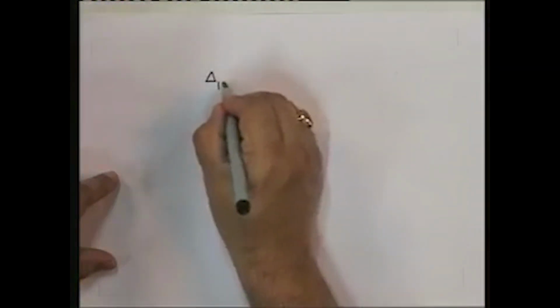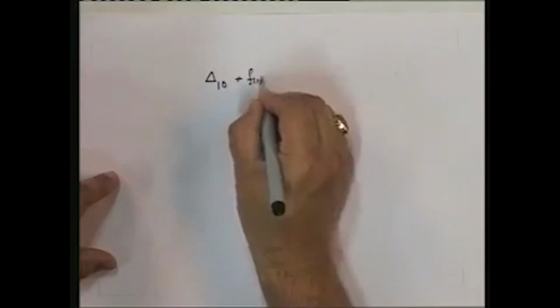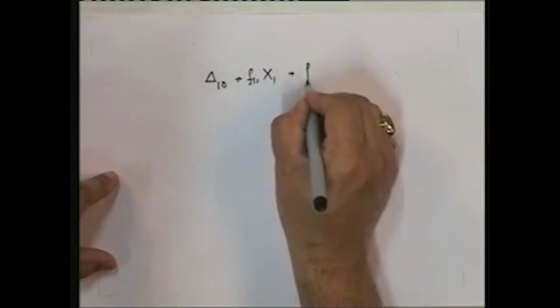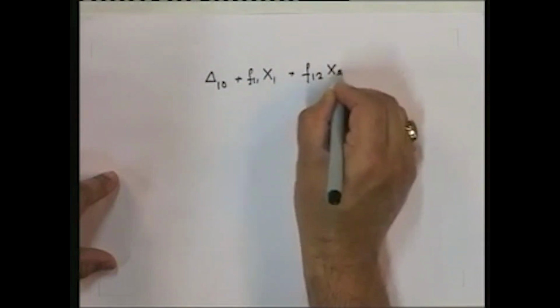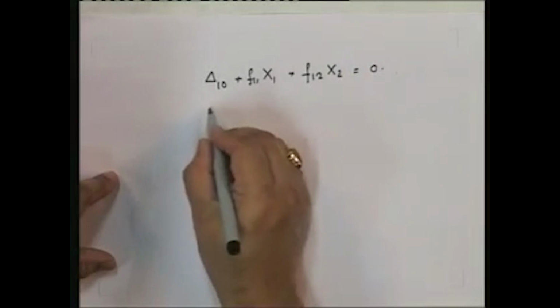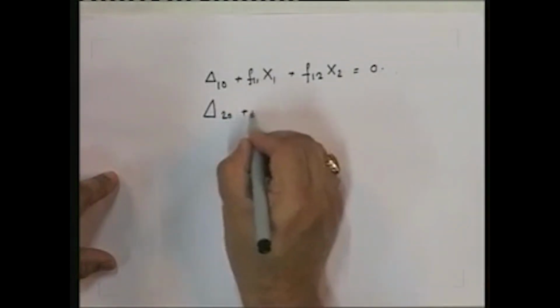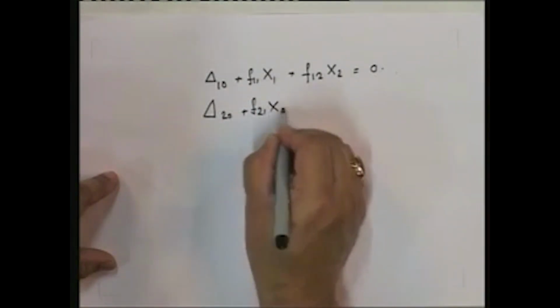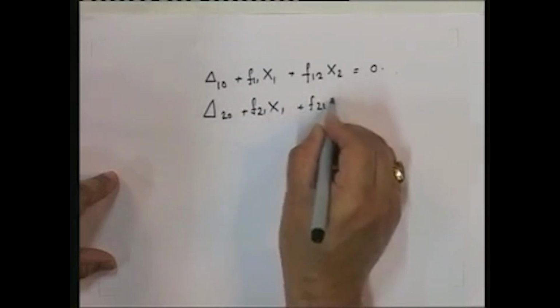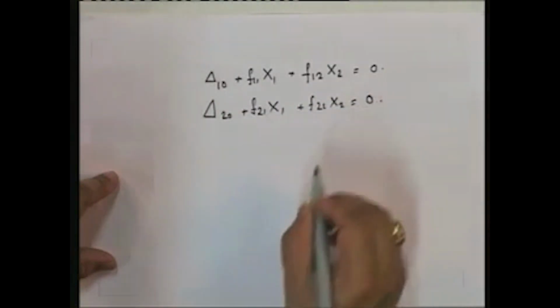So essentially, once we have computed delta 10 and delta 20, we substitute into the same equations that you have, which is delta 10 plus F11 x1 plus F12 x2 is equal to 0, delta 20 plus F21 x1 plus F22 x2 is equal to 0.